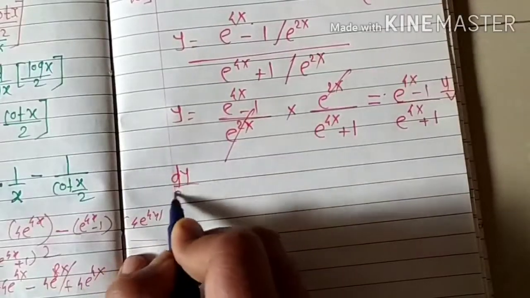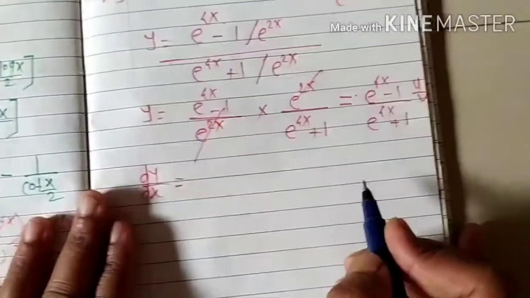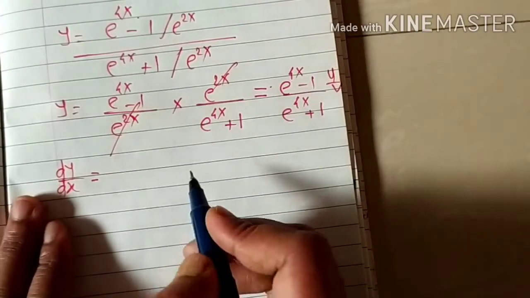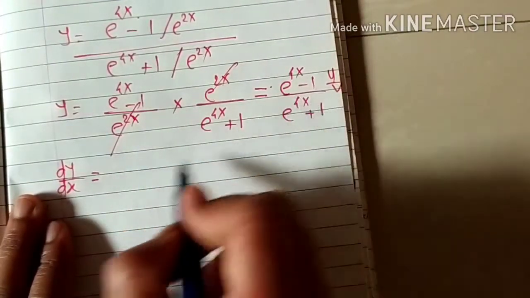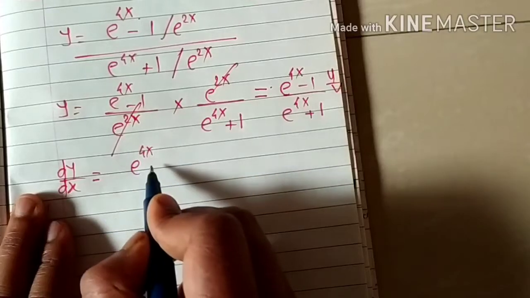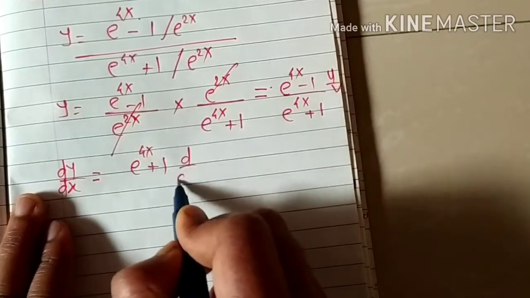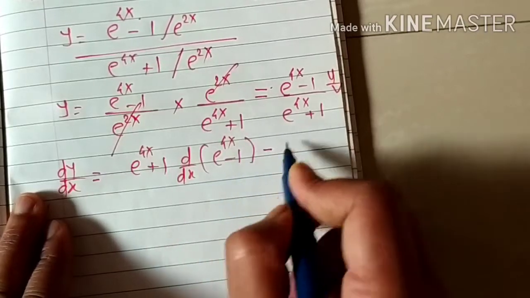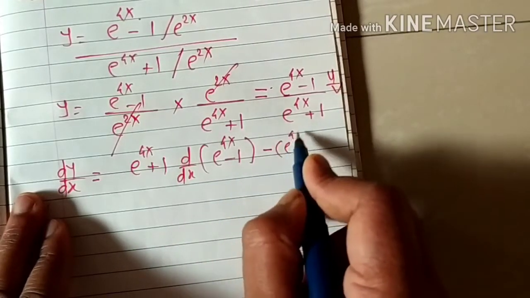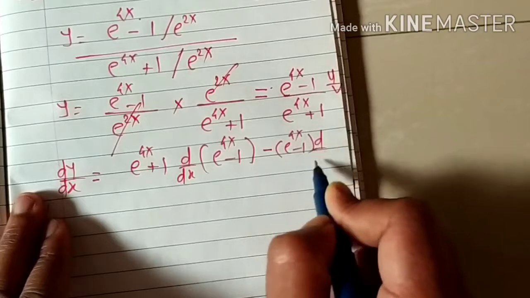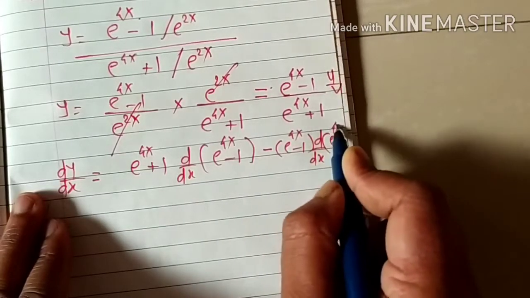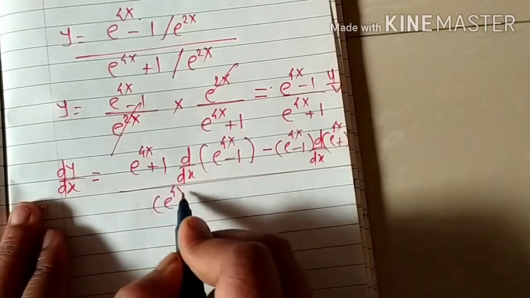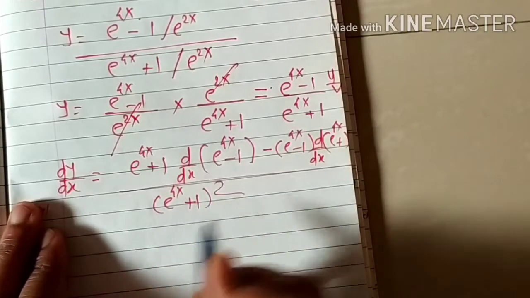Then dy by dx is equal to, after differentiating this, we get the first function e raised to 4x plus 1 into d dx of e raised to 4x minus 1, minus this e raised to 4x minus 1 constant into d dx of e raised to 4x plus 1, divided by e raised to 4x plus 1 square.